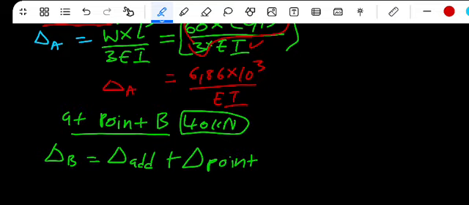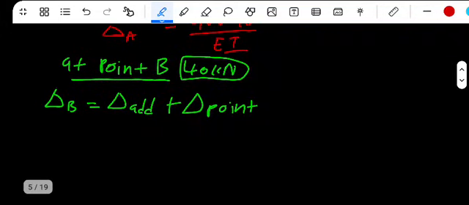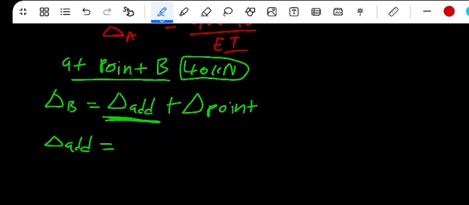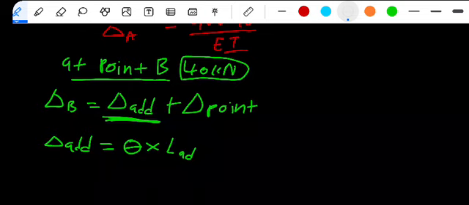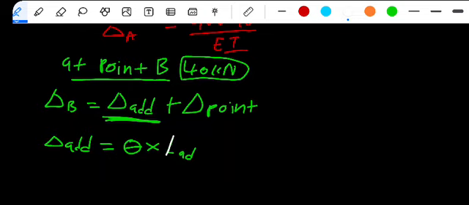We know the additional deflection is given by theta multiplied by the additional length. If you don't know what the additional length is, my previous video explained it.